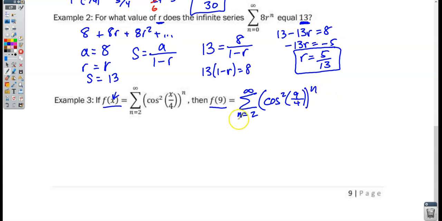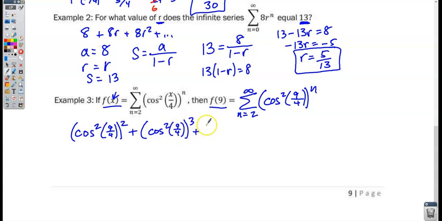Now imagine what this series looks like, because we're cycling through our n values from 2 to infinity. So that means that the first term of this is going to be the quantity cosine squared of 9/4 raised to the second, and the next term is going to be cosine squared of 9/4 raised to the third.